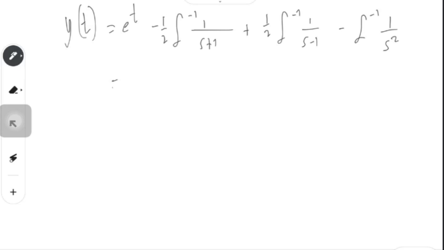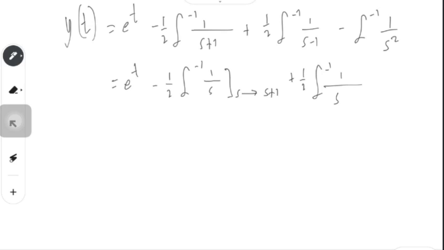Dito pwede na. So, e to the t, ito'y magiging minus 1/2, no? Pwede mong gawing inverse Laplace transform of 1 over S, but take note that your S is actually S plus 1. Then, plus 1/2, the inverse Laplace transform, S na lang, but actually, your S is S plus 1.